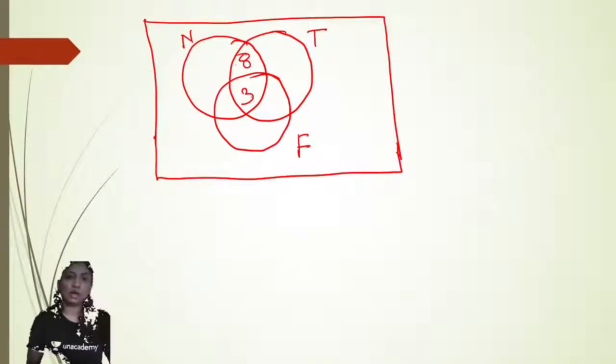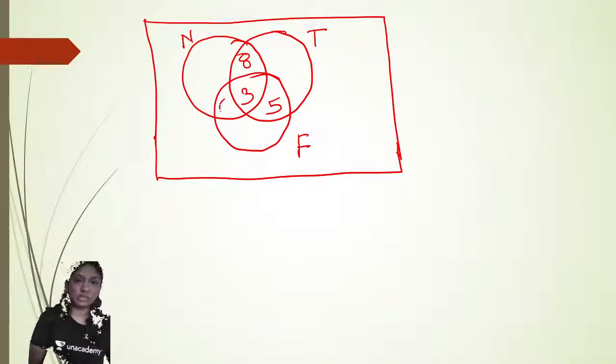Now how many people read both T and F, Time and Fortune? 8. Out of that 3 are already counted, so 8 minus 3, that is 5. Now N and F, there are 9 people. Out of that 3 are already counted, so here is 6.